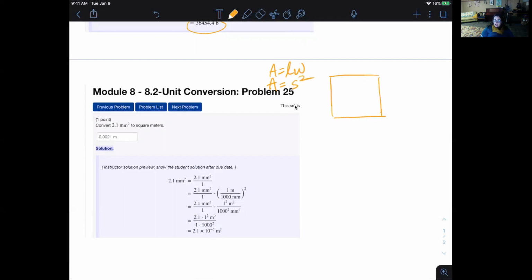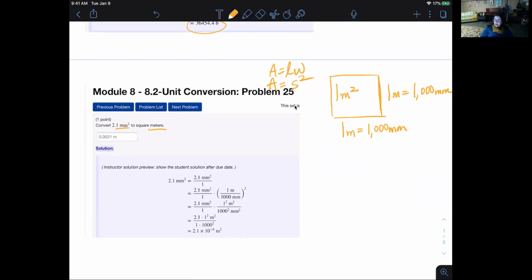So let's say that one side is equal to, well, here we're talking about meters to millimeters. So if we had 1 meter in length, that's equal to 1,000 millimeters. And that's also on your conversion chart. Let's say the width is also 1 meter, or the other side is 1,000 millimeters. Now the area would be 1 times 1, which is 1 meter squared.